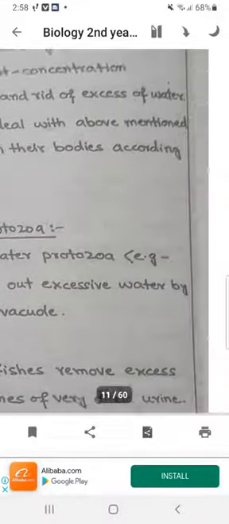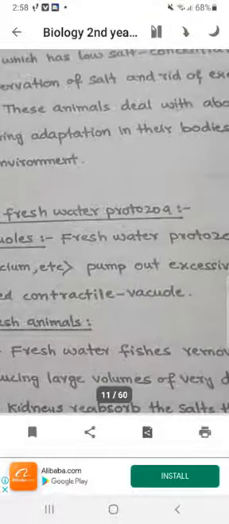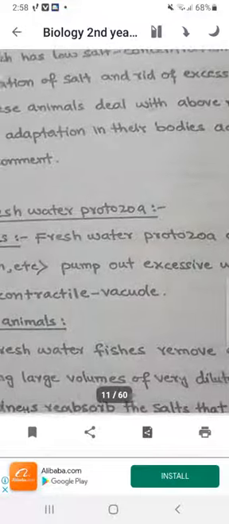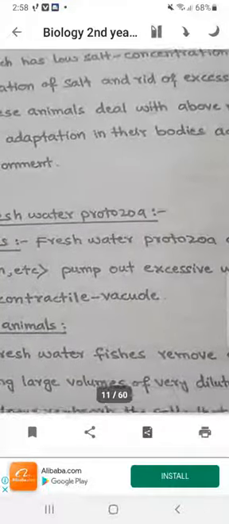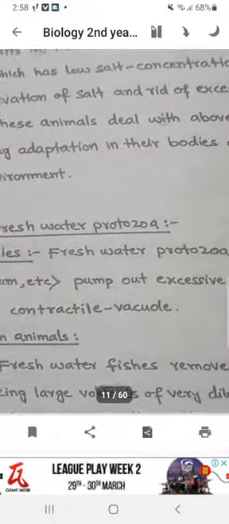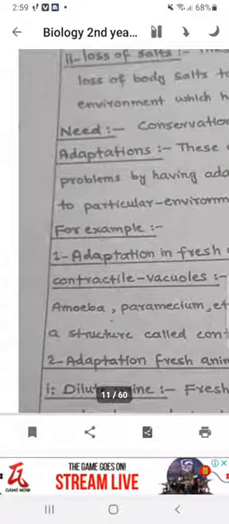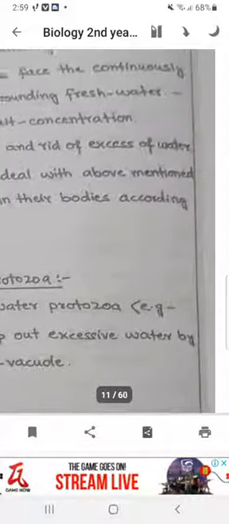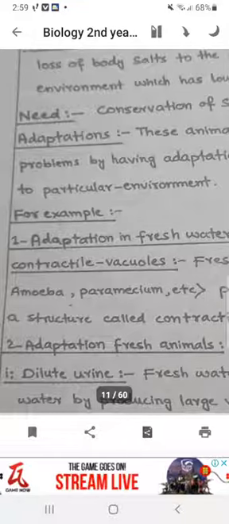Adaptation. These animals deal with the above mentioned problems by having adaptations in their bodies according to the particular environment.